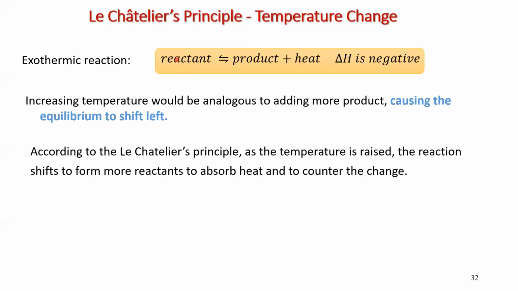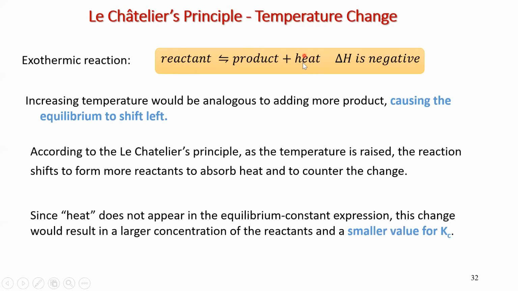So as we increase the temperature, the reaction shifts to form more reactants because the reactants are absorbing that excess energy, essentially counteracting the change that occurred.